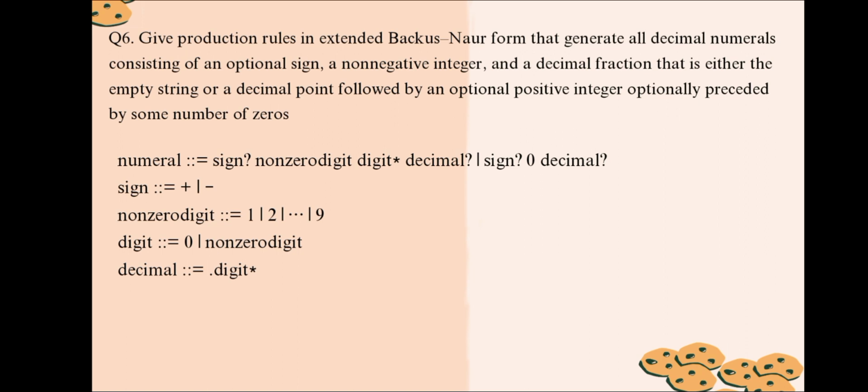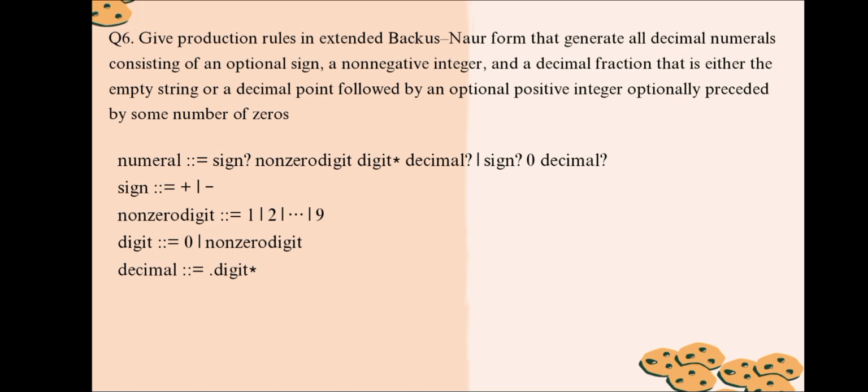It can be a decimal point followed by one or more digits, or the empty string. And as we know, sign represents the optional sign, and we have integer. So integer represents the integer part of the number, and it can be a sequence of one or more digits like this.